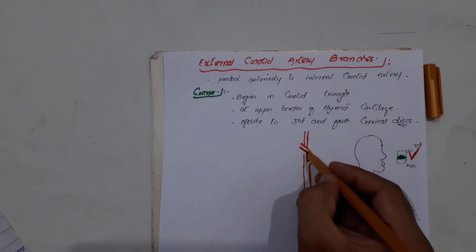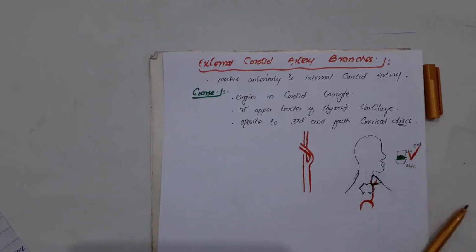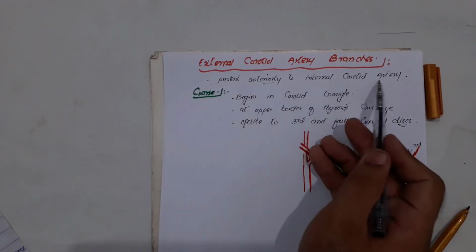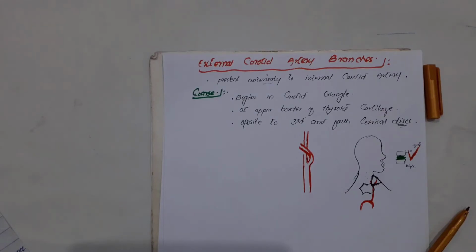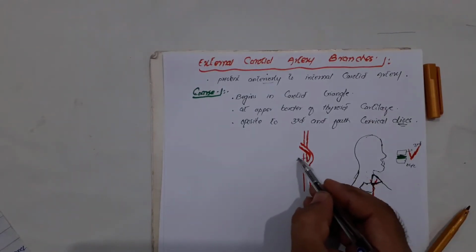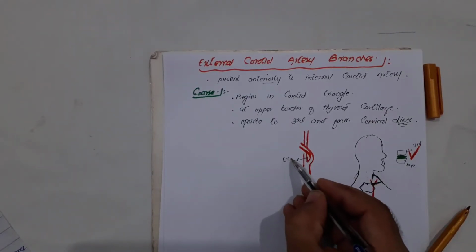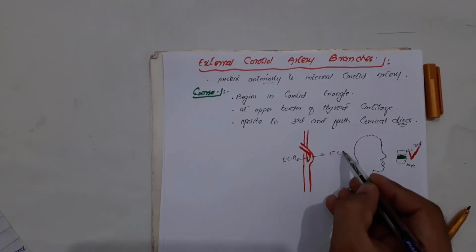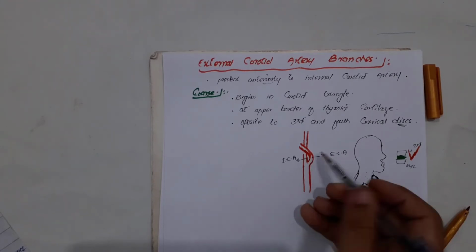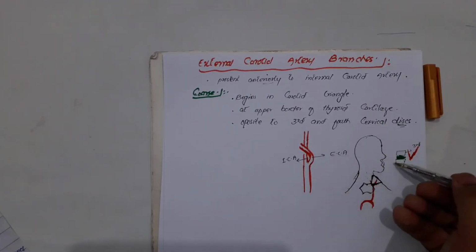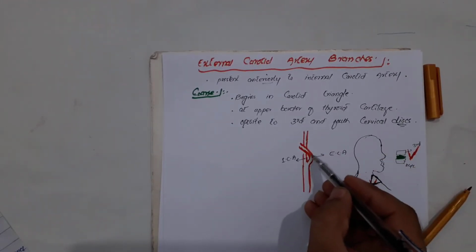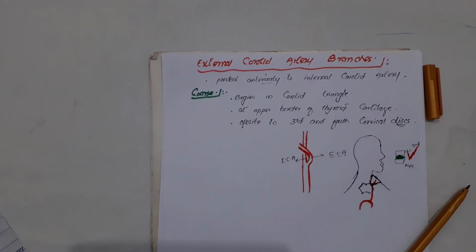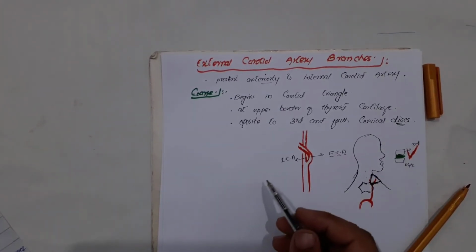I have written here, it is present anteriorly to the internal carotid artery. So this is the internal carotid artery, and this one is the external carotid artery. If you look anteriorly from this side, it will be the external carotid artery, so it is present anteriorly to the internal carotid artery.